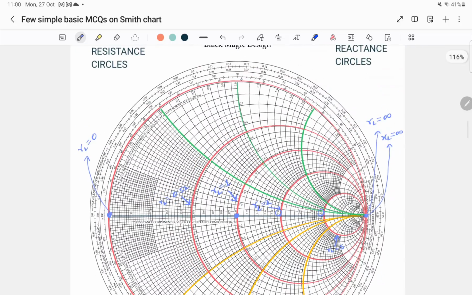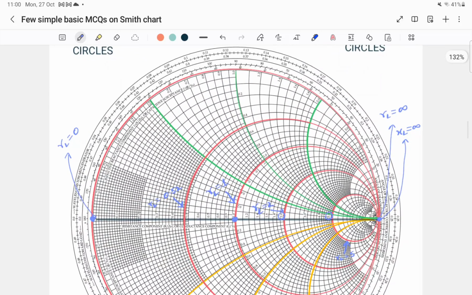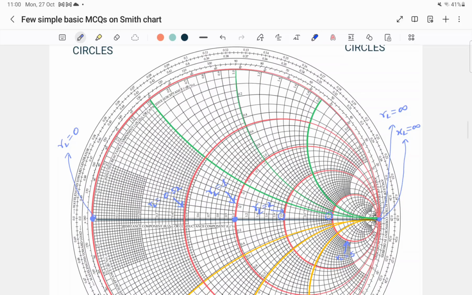Alright, similarly, when the radius of the circle keeps on increasing and becomes infinity, then we reach this particular point, and this point can also be written as XL equal to 0. So when RL and XL both are 0, we can say that ZL is equal to 0.